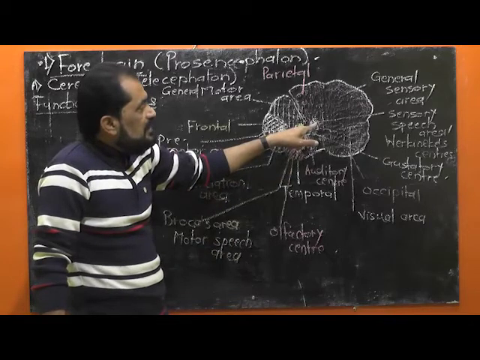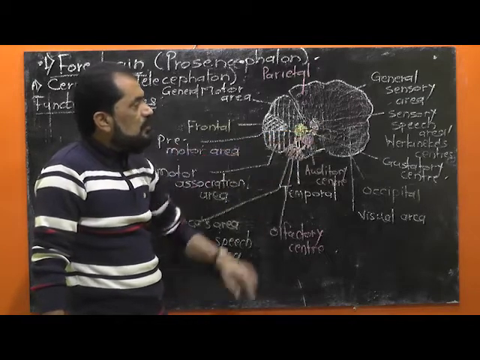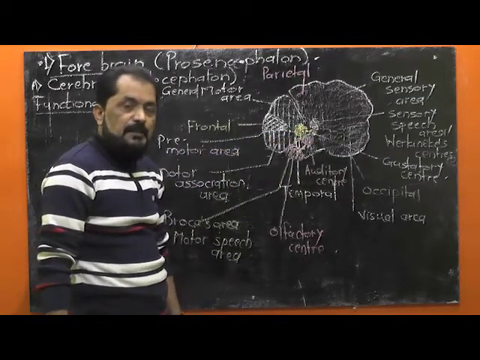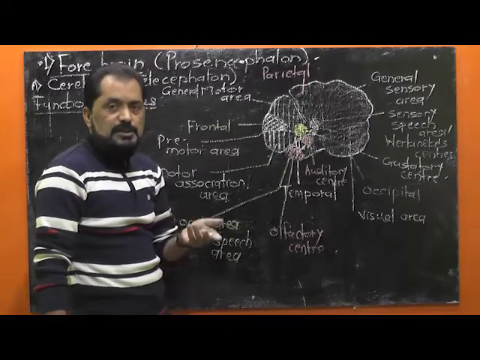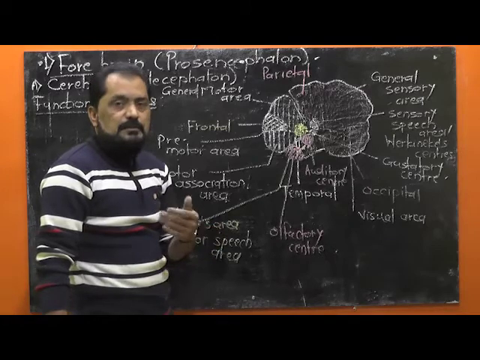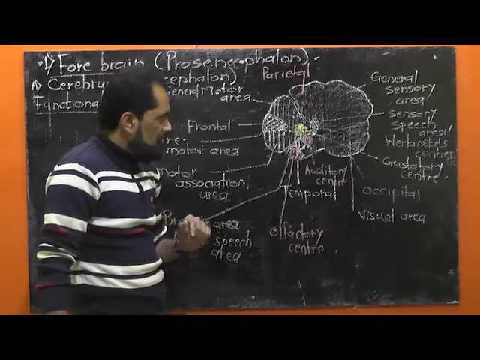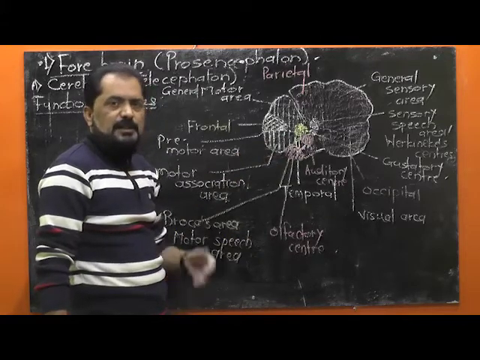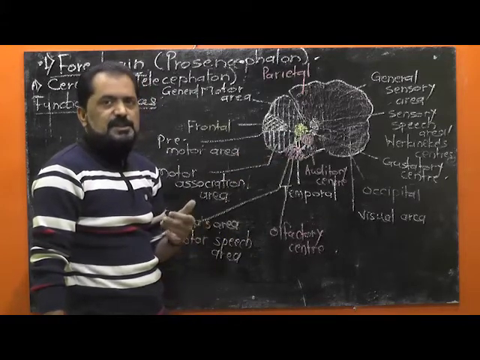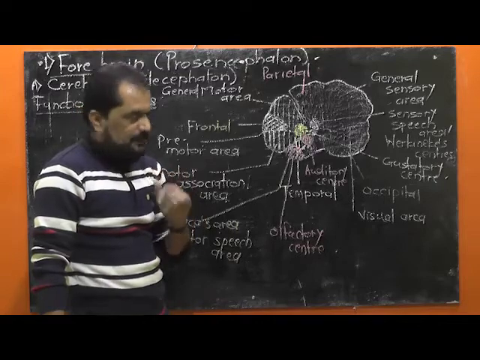There is sensory speech area, which may be known as Wernicke's area. It helps to understand the written or spoken words. And the gustatory center. Gustatory stands for gustation, that is sense of taste.